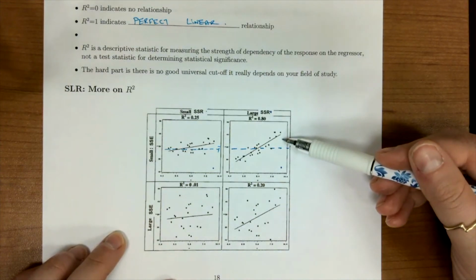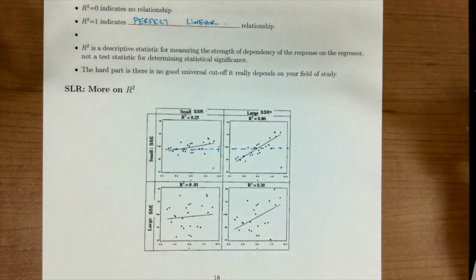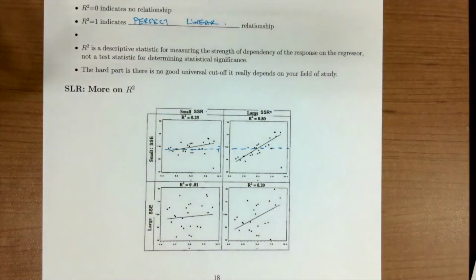And that just makes sense from a practical standpoint. If we have more error in our background noise in our data, it's going to be harder to estimate our parameters and whatnot.